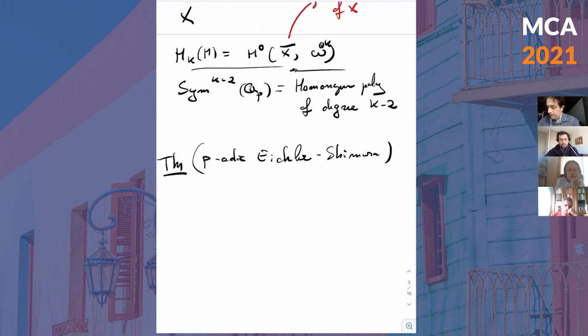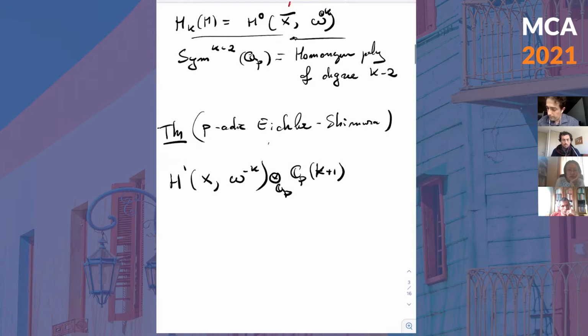Is that I can define the following filtration. Omega k, tensor over QP, CP twisted by, let me get the index correct, k plus 1.